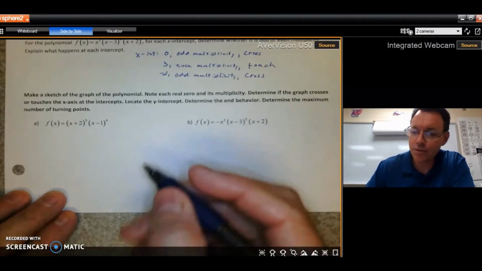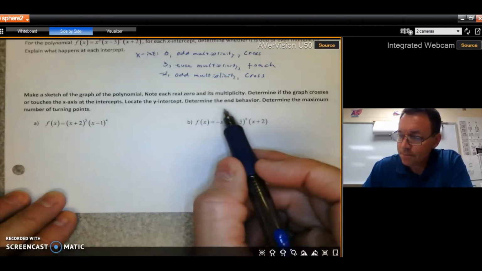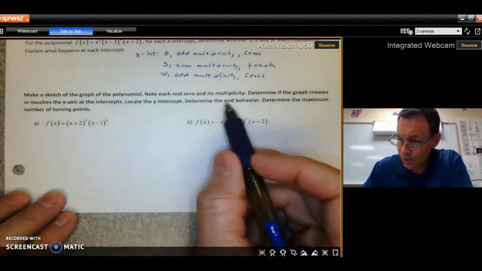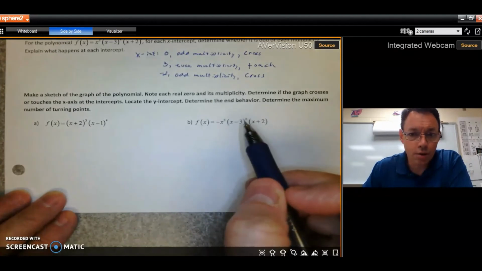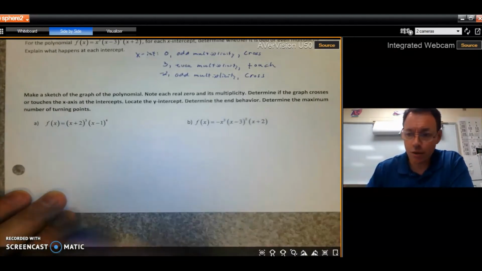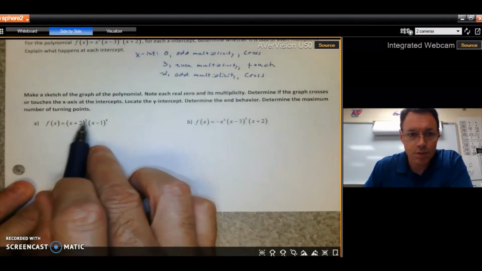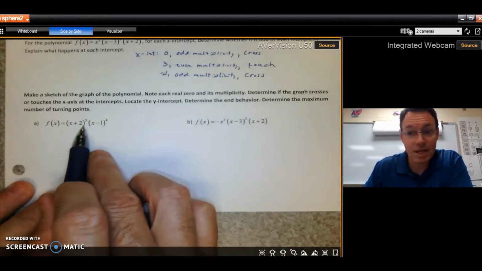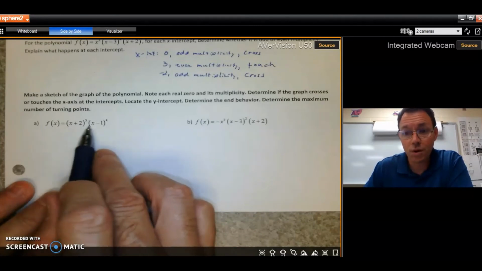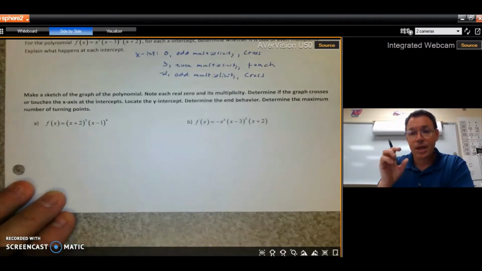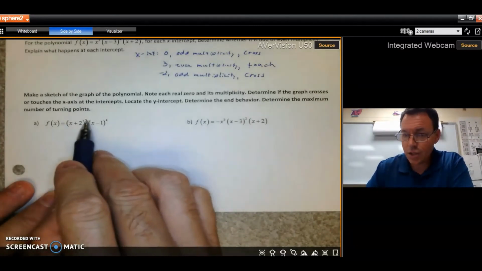So first off, to determine the end behavior, we need to know what the overall degree of this polynomial is. Well, this is an x plus 2 cubed. If you were to multiply this out, and I'm not telling you to multiply this out, but if you were, the leading x term would be x cubed.